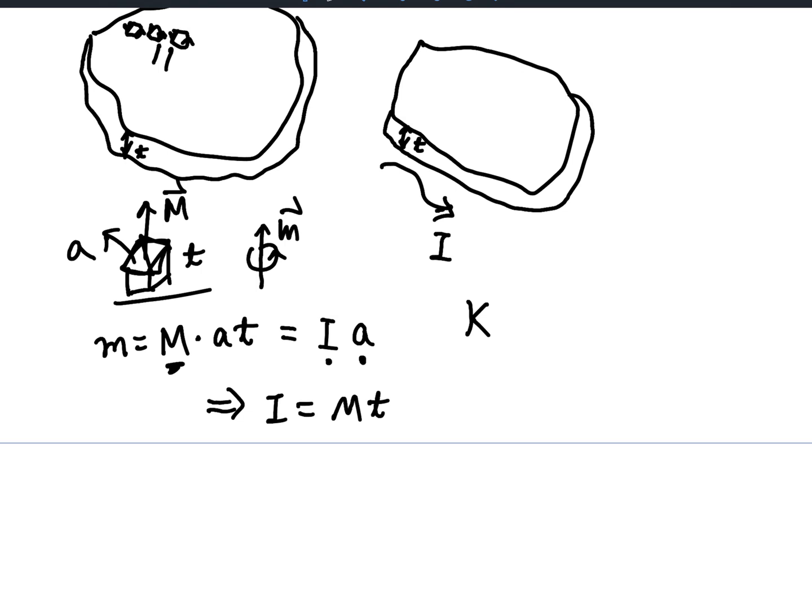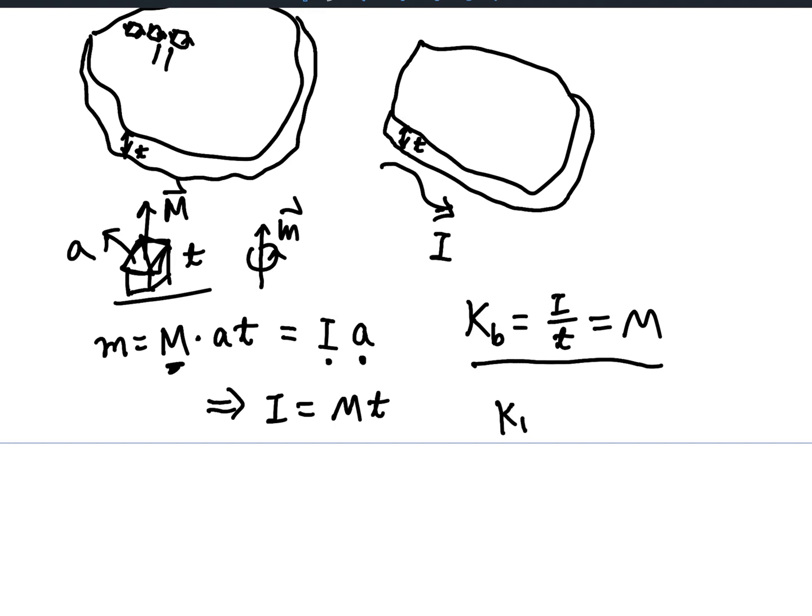So now we have this surface current, which is just I divided by t. In other words, this is really M. So the magnitude of this surface current is basically the value of the magnetization.